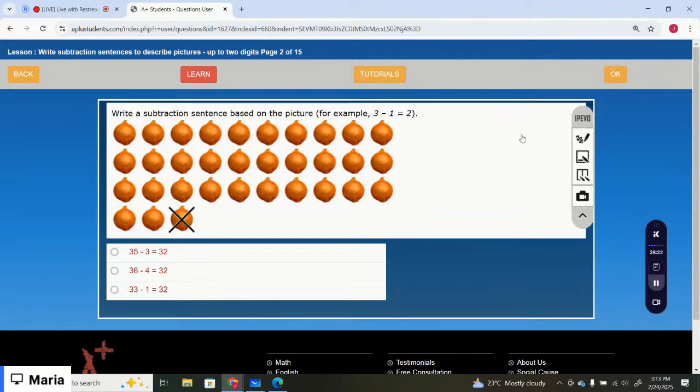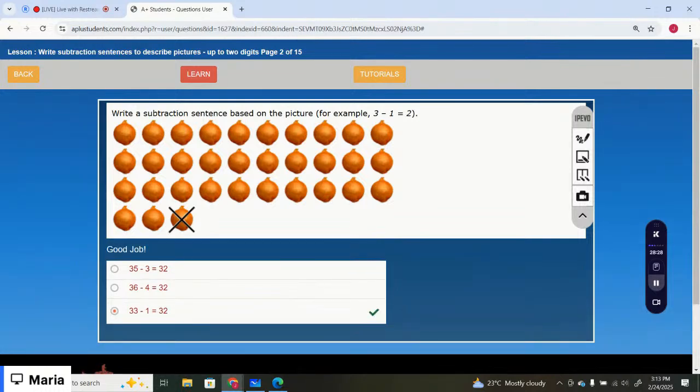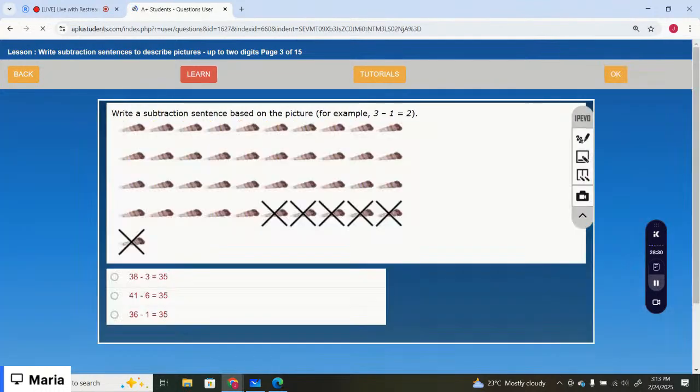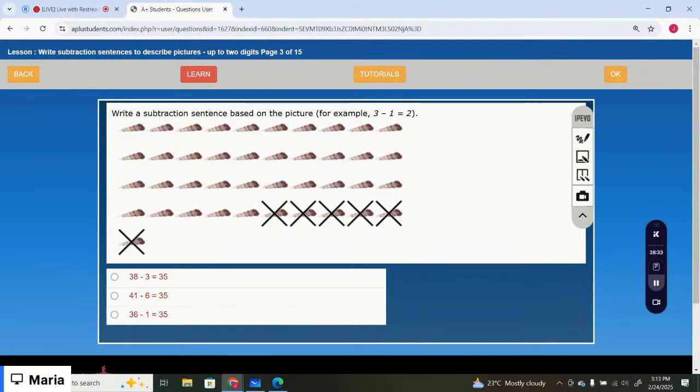That is 33 take away 1 because only 1 is crossed out. So 33 take away 1 is 32. Option number 3 is the correct option. Write a subtraction sentence based on the picture.